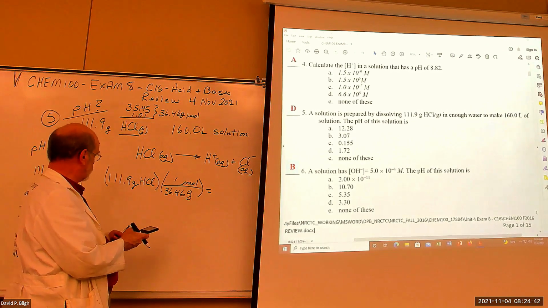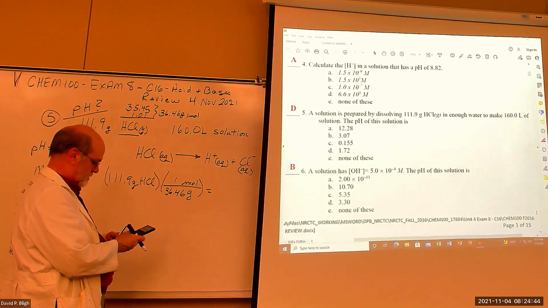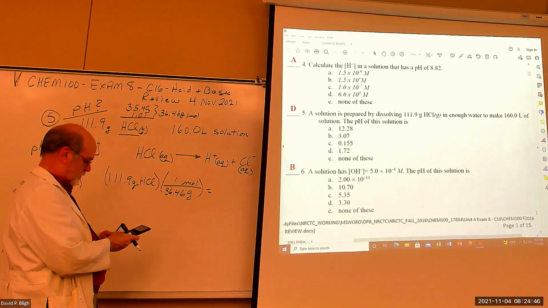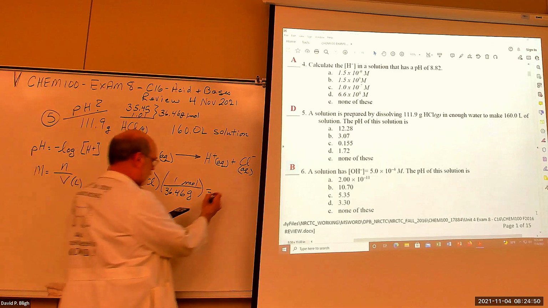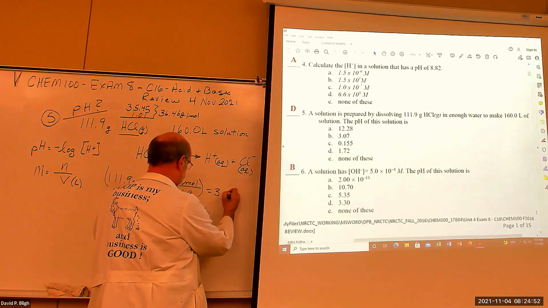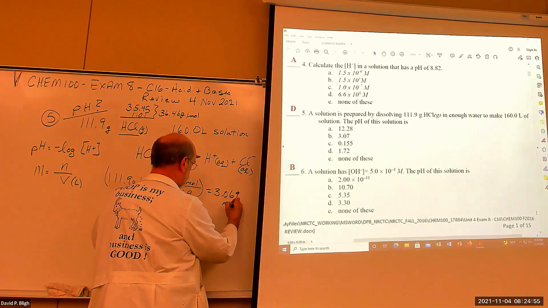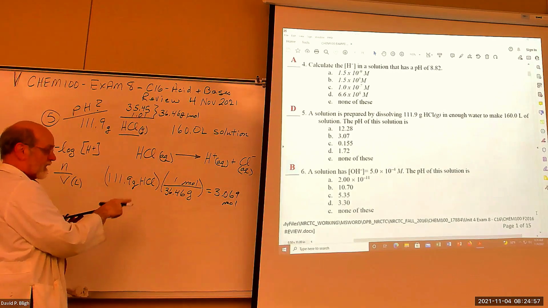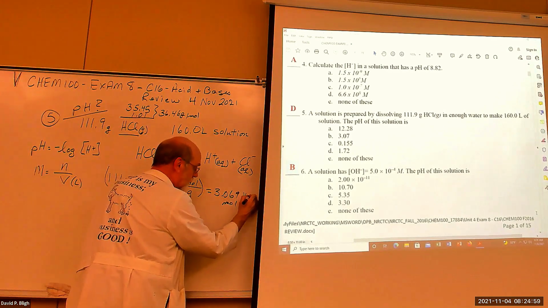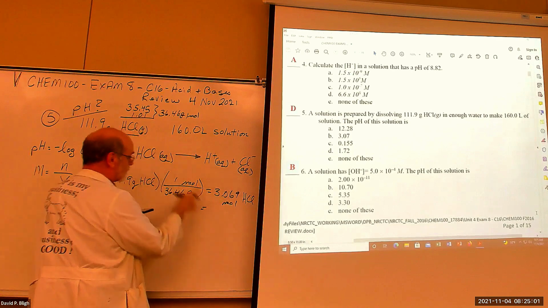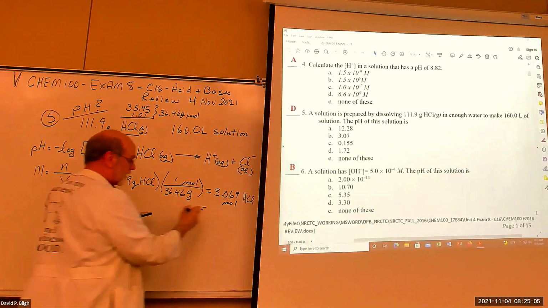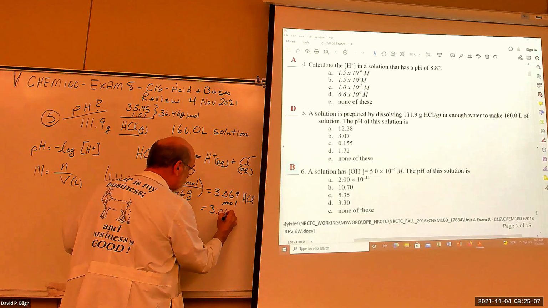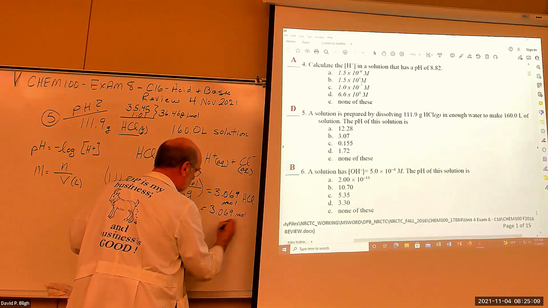Oops, I went the wrong direction. Try that again. 36.46. There we go. So that is 3.069 moles. Now we can find, this is moles of HCl. And that, by definition of a strong acid, that is also 3.069 moles of hydrogen ions.